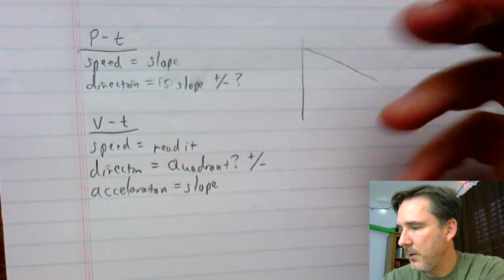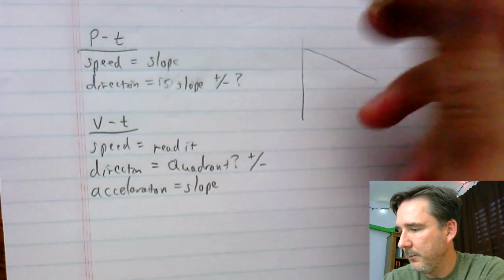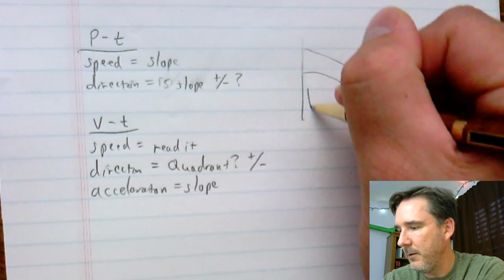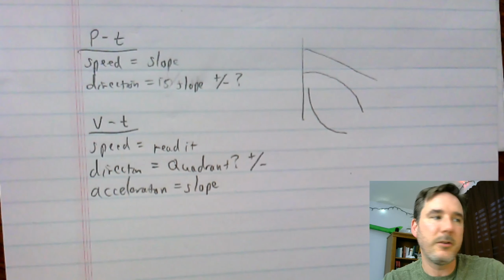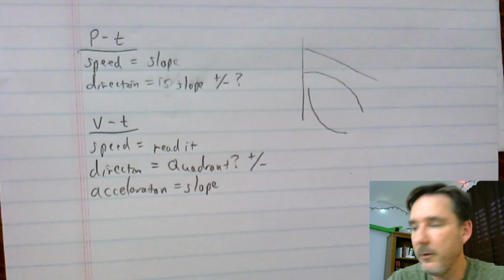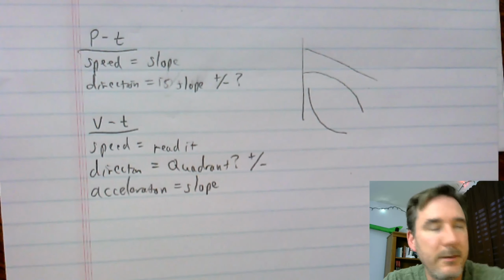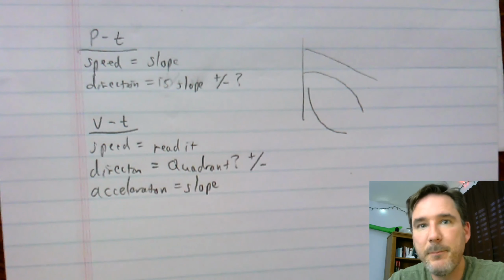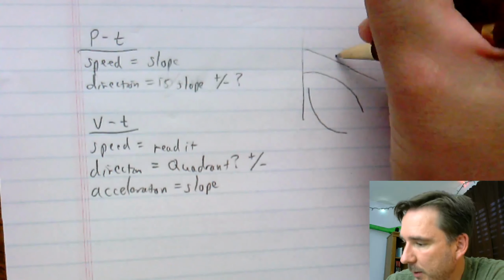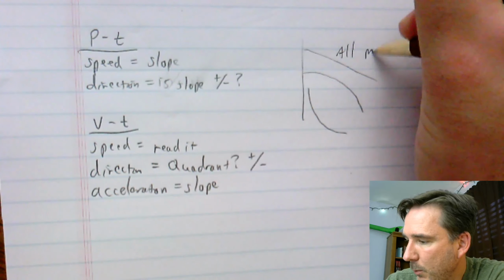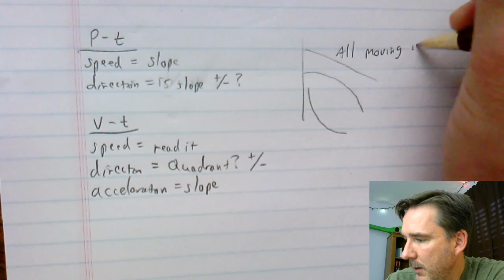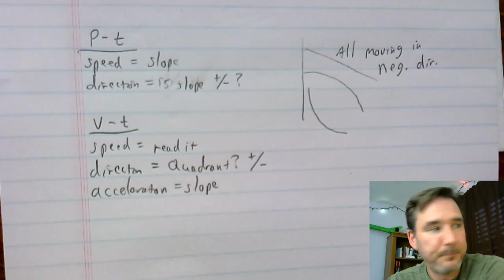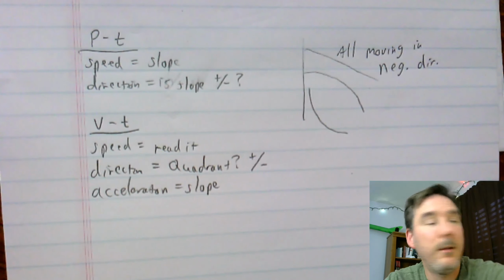This would also be moving backwards, and this would also be moving in a negative direction. So all three of those are moving in negative direction because all those lines are trending downward. All right, great question. So I will actually write this: all moving in negative direction. All right, cool.